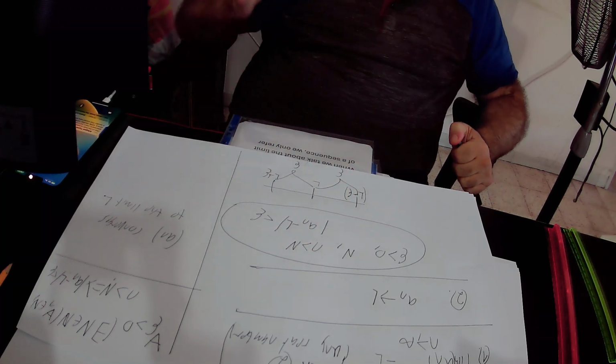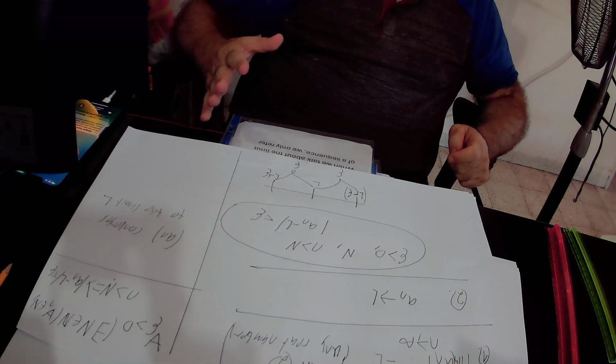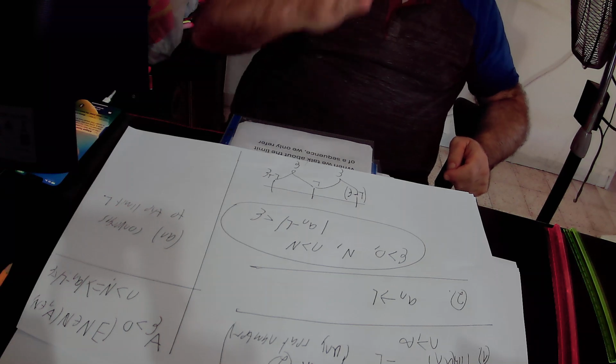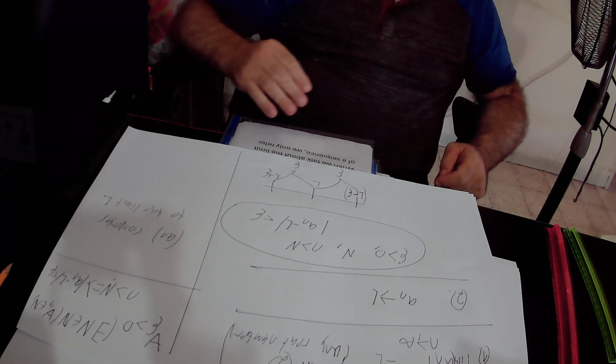So, in order that a sequence will have a finite limit, the following condition must hold.